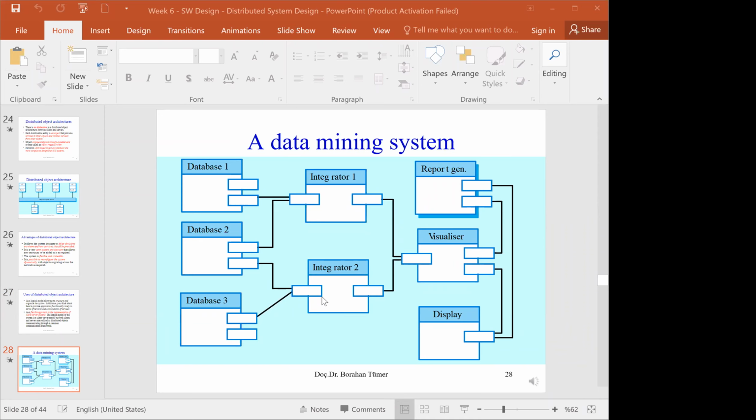Since this is a data mining system, integrator objects collect information from different databases at different sites, most probably, and they use this information to come up with the associations or relations of different information.